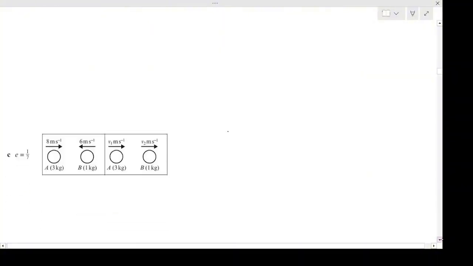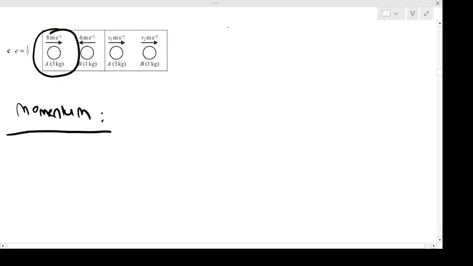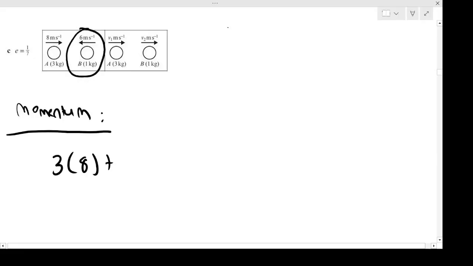Okay, so now again, we've got before and after for a collision. So if we apply momentum firstly, well, firstly, we work out all the individual momentums. So before, the momentum of A is going to be mass, which is 3, times the speed 8, add the momentum of B. Well, the mass is 1, and the velocity is 6, but it's going in the negative direction.